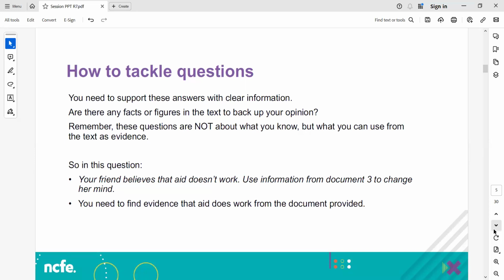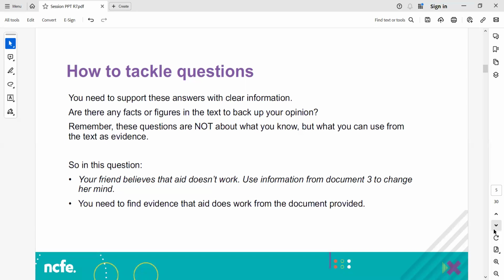So if you are an expert on international development or emergency aid funding and so on, that is not important in answering the question. What you need to do is to use what's in the document, because it's directing you there.